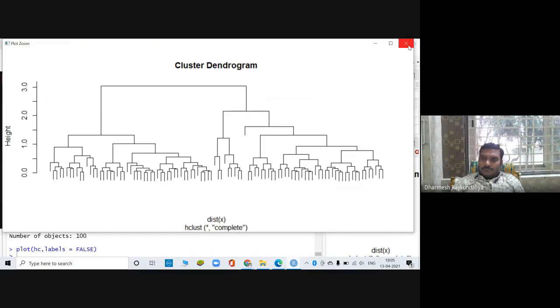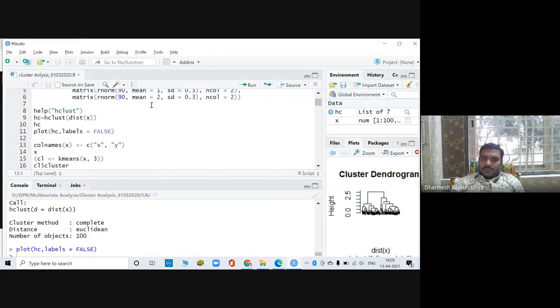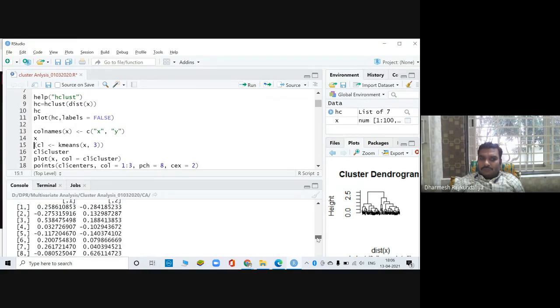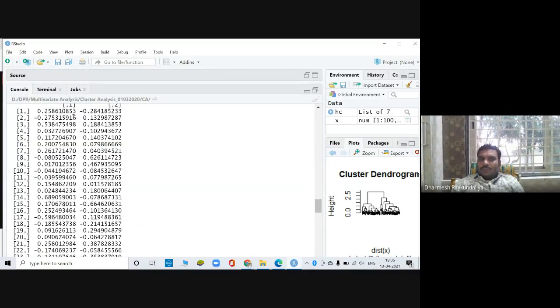Two clusters. I am giving column names because x has my data. This is the data. You can see that there is no name given to the columns. It is only written 1 and 2. So I wish to give the names here, x and y.